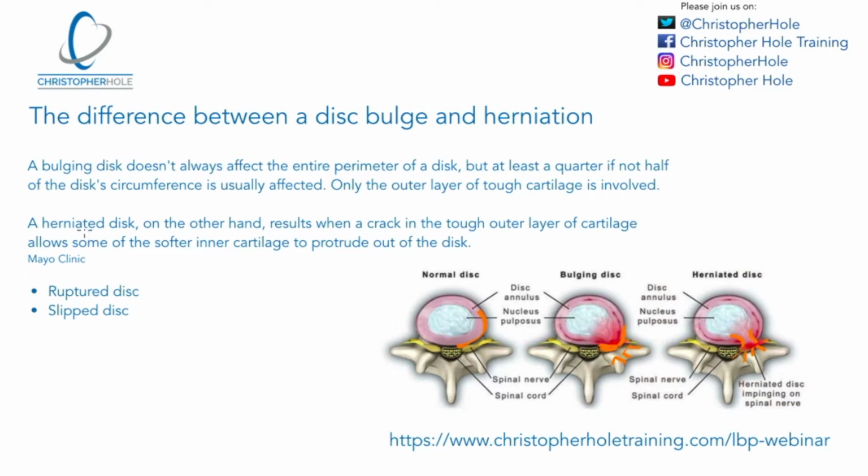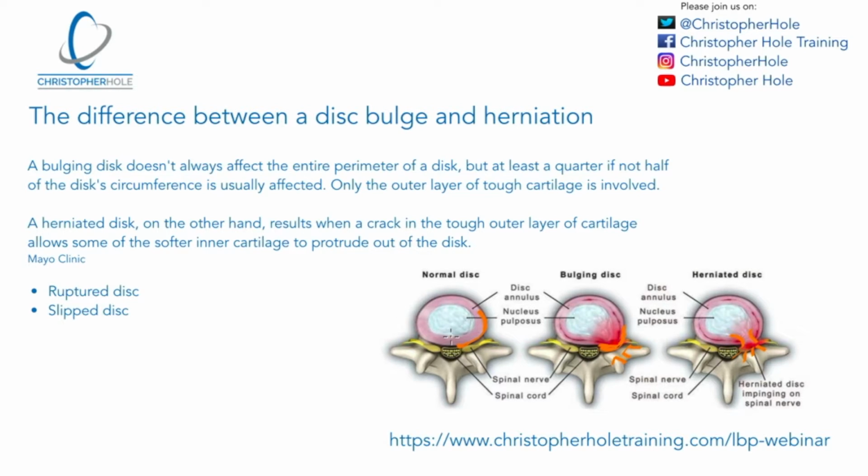So if you read here, this is from Mayo Clinic: a bulging disc doesn't always affect the entire perimeter of a disc, but at least a quarter, if not half, of the disc circumference is usually affected. Only the outer layer of tough cartilage is involved. A herniated disc, on the other hand, results when a crack in the tough outer layer of cartilage allows some of the softer inner cartilage to protrude out onto the disc.